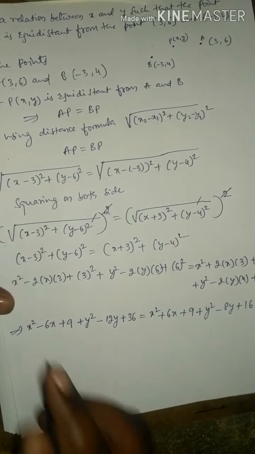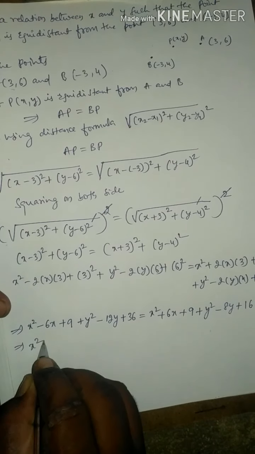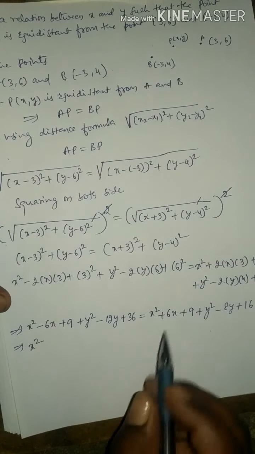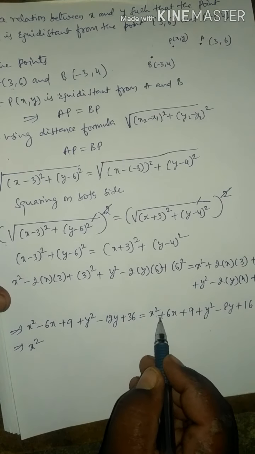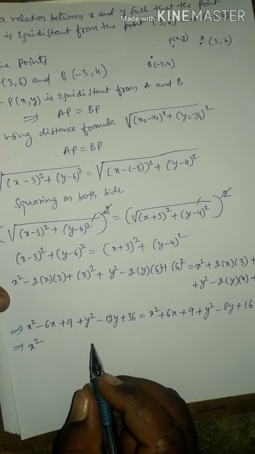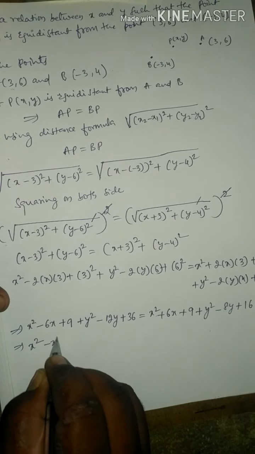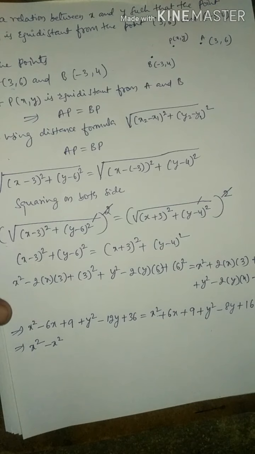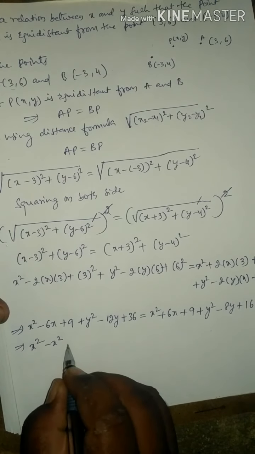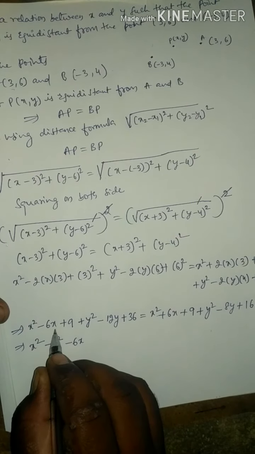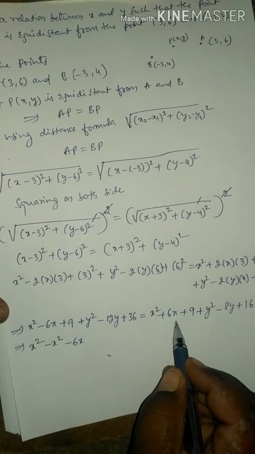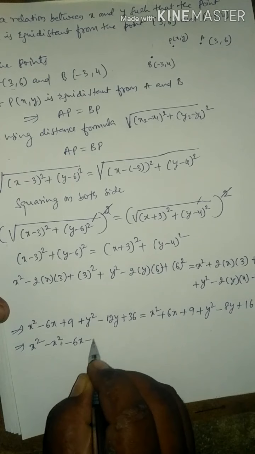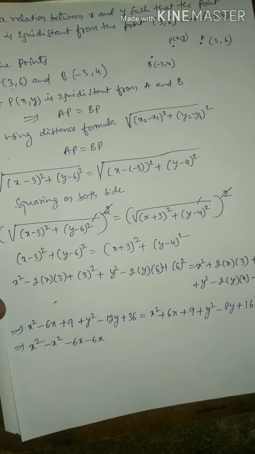Now, which implies, this x square which is there in the RHS we have to shift to the LHS, so it will become minus x square. Next, minus 6x I wrote as it is. In the RHS also plus 6x is there; that one you have to transpose to the LHS, it will become minus 6x.